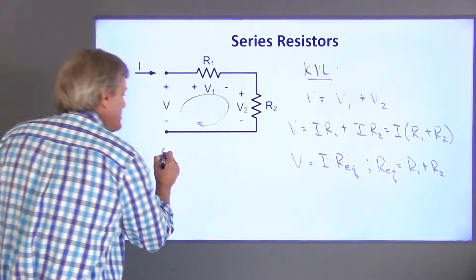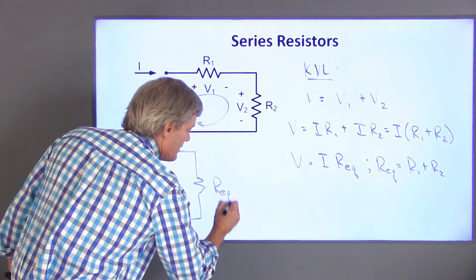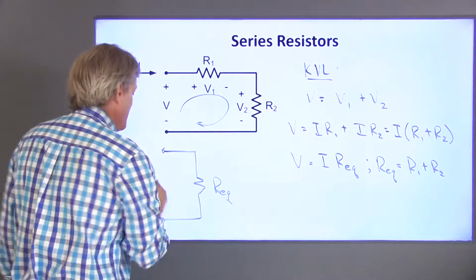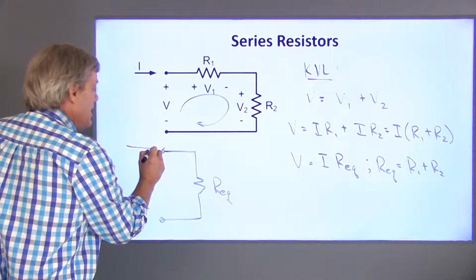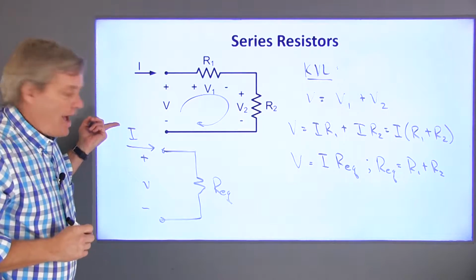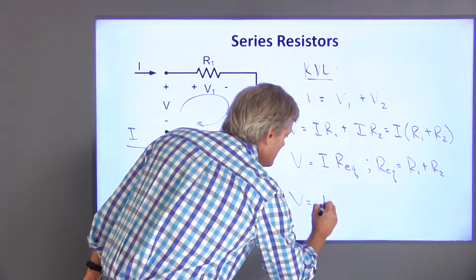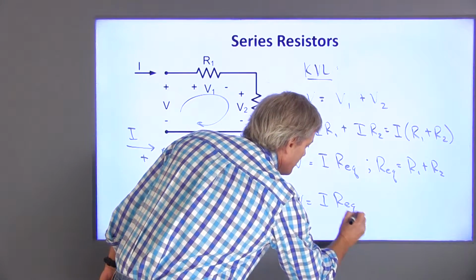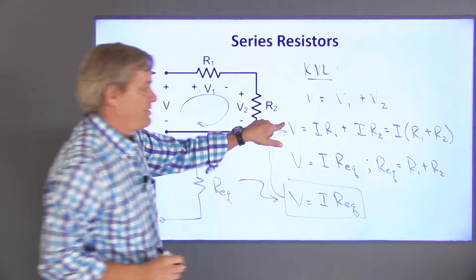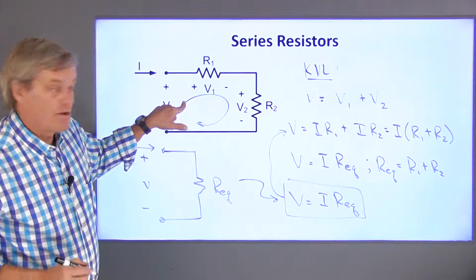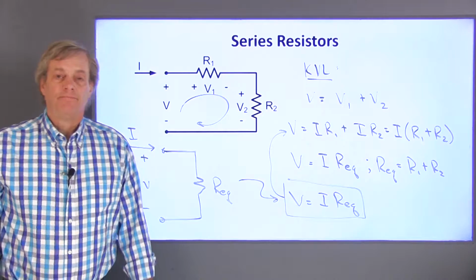So now if I build a circuit that has a single resistor whose resistance is Req by this relationship and apply this same voltage V across these terminals, I'll get the same relationship with I. Ohm's law across this single resistor just says V is equal to I times Req, which is the same voltage-current relationship as we got up here. These two circuits are the same as far as these two terminals' relationships are concerned.